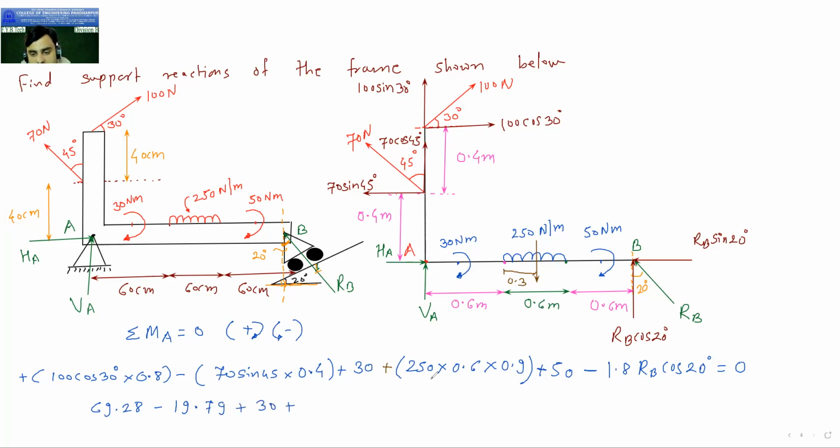Plus next bracket 135. Plus 50 as it is. Minus 1.8 RB cos 20. If I send it to that side, it will become plus 1.8 RB cos 20. So this calculation, which is on the left hand side, what is the answer?